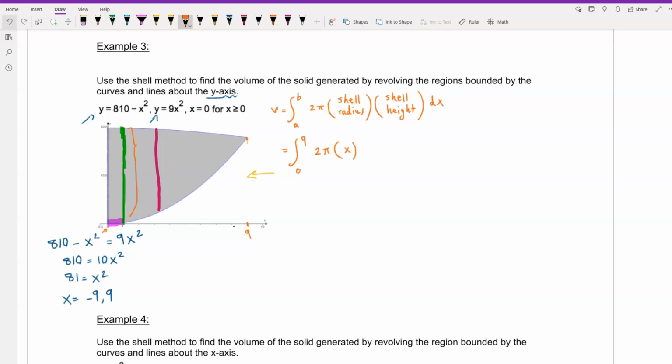Let's just assume that we have this vertical line, in green color, and then we have the shell height, which is 810 minus 10x squared, based on what we had here on this part, times dx.